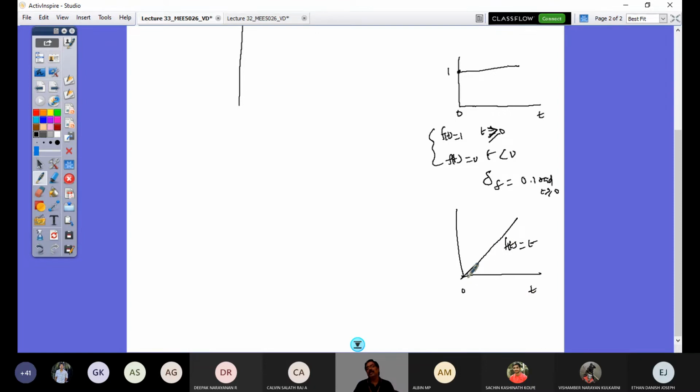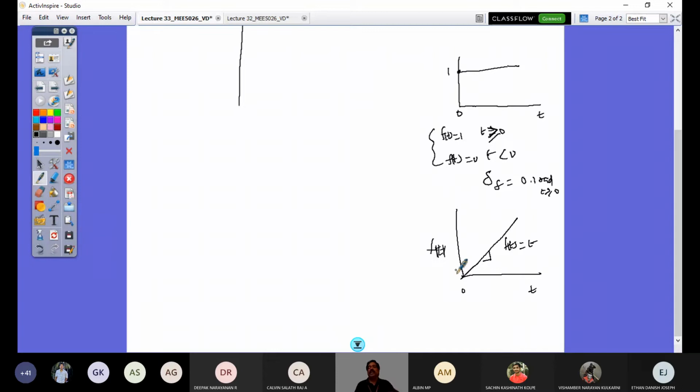As t progresses, it is gradually increasing. So this is a ramp function. When you drive your vehicle, you gradually increase your steering like that, keep on, and as you are increasing your steering, you take a measurement and then you get your output response.